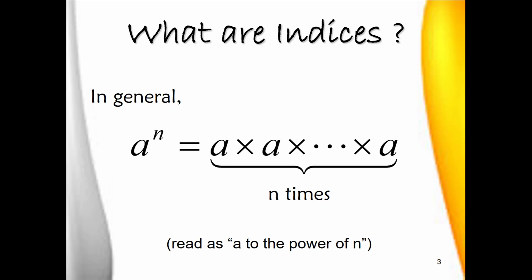So in general, if we come across a number A with a superscript n, the n here means that A is repeated n times. And how do we read it? We read it as A to the power n.